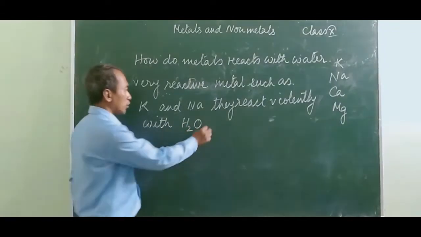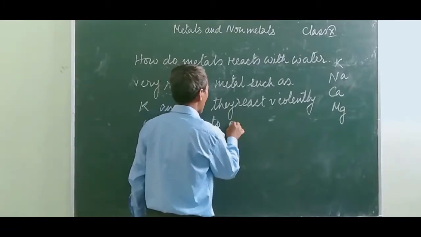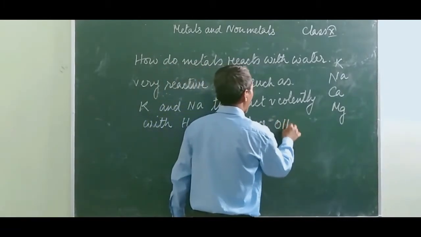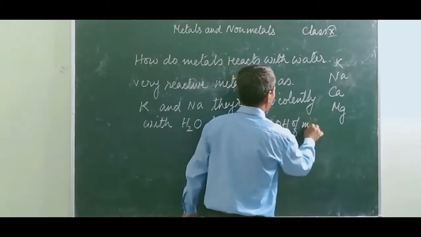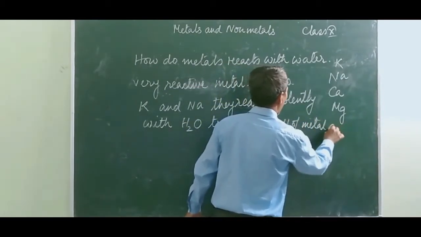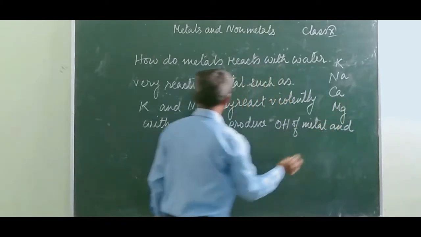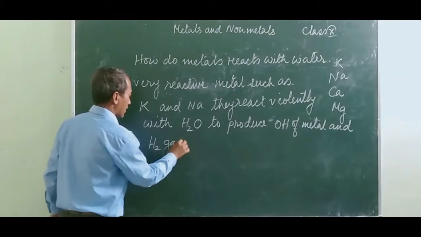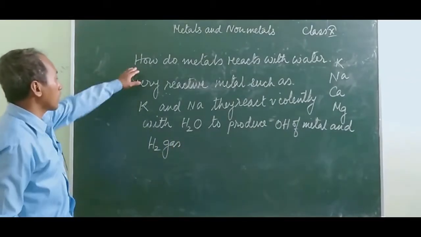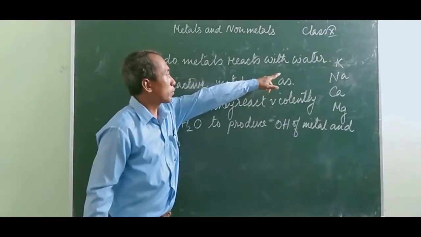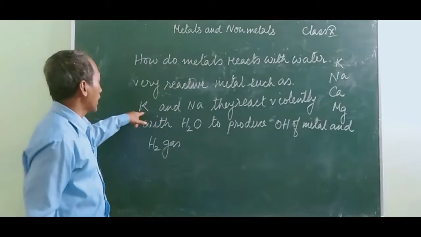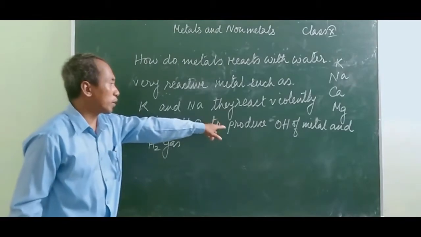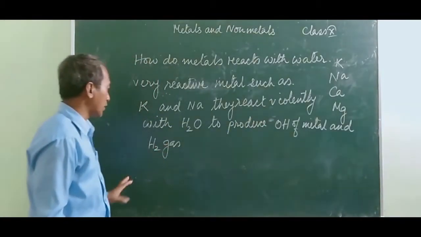Along with water, they produce hydroxide of metal and hydrogen gas. So here you see very reactive metals, potassium and sodium, react with water violently to produce hydroxide of metal and hydrogen gas.